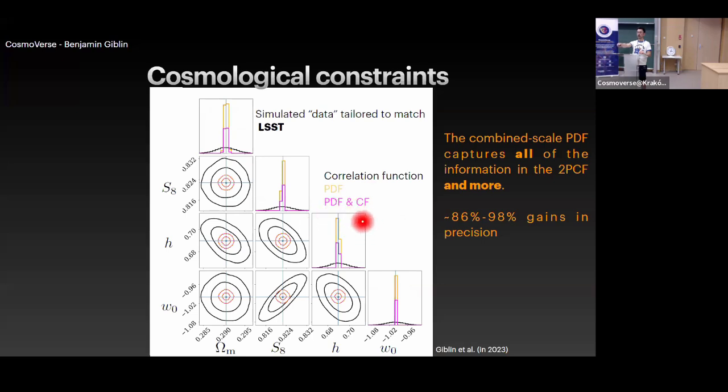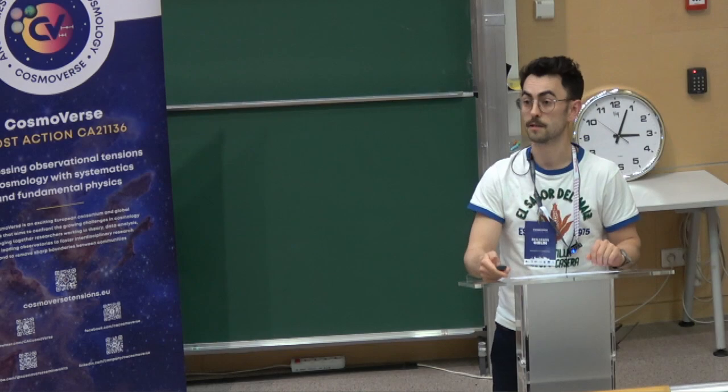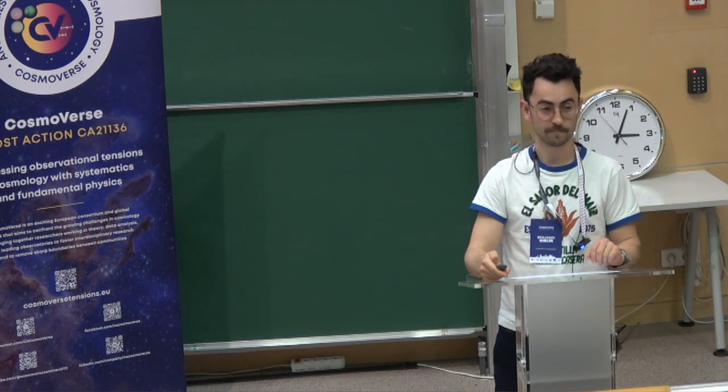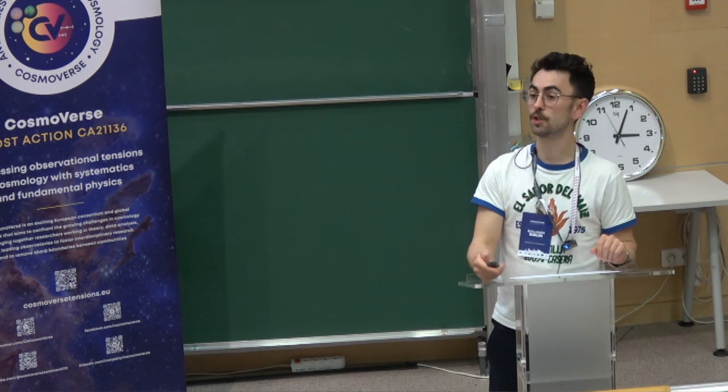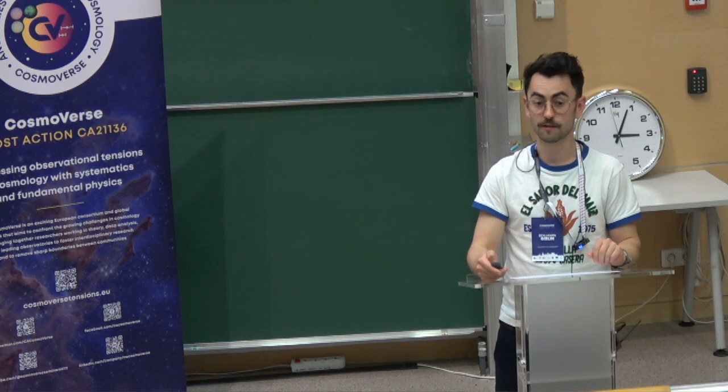And when you look at the combination of the correlation function and PDF, you're not getting any extra information that the PDF didn't have already. And this is because it is a much higher signal-to-noise regime. And we see improvements in the precision on these parameters of about 85 to 98%, depending on the parameter that you consider. So this was all done in a systematics-free regime.